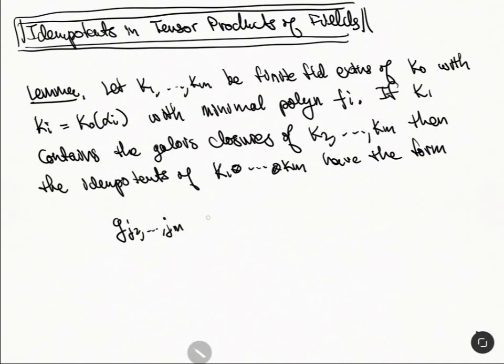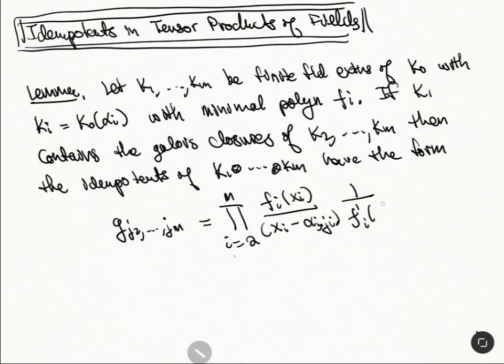They'll look like this: a product from i equal to 2 up to m of the following. We'll write it like this: fi of Xi over Xi minus alpha i ji, where ji is a subscript, times 1 over f prime i of alpha i ji, like so.